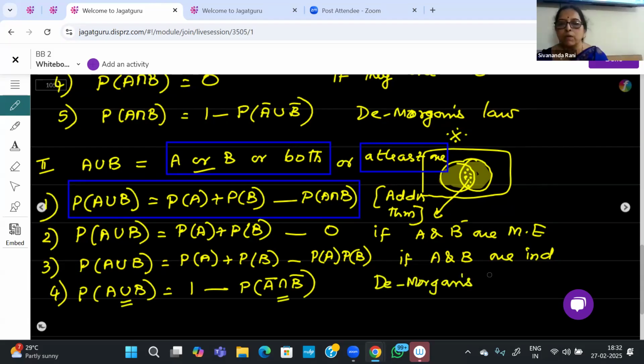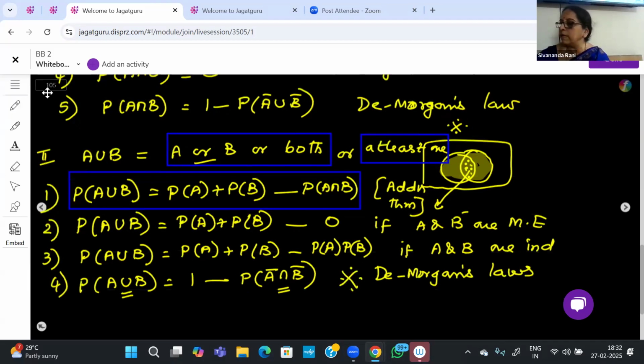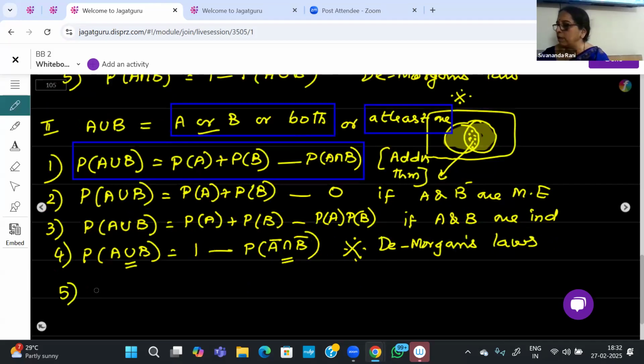This is De Morgan's. And this way is very elegant in many cases, especially when you are dealing with the union of three sets, for example. That is when this idea will be extremely useful because we don't have to deal with the addition theorem for three events, which can be tedious, which can be cumbersome.